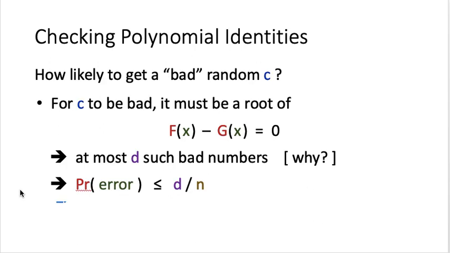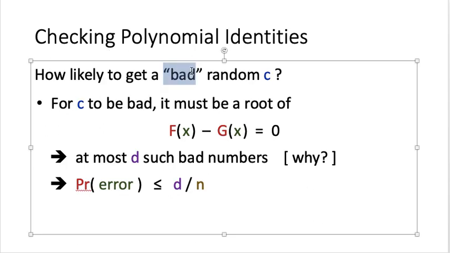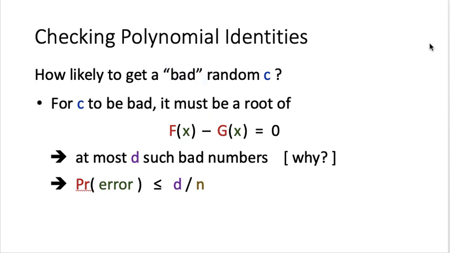So let's see. In order to get a mistake, we need to get a bad random c. It is the random number that will fool us into believing that two functions are the same. But for this c to be bad, we have f of c equal to g of c, which means that it has to be a root of the equation f of x minus g of x is equal to 0.